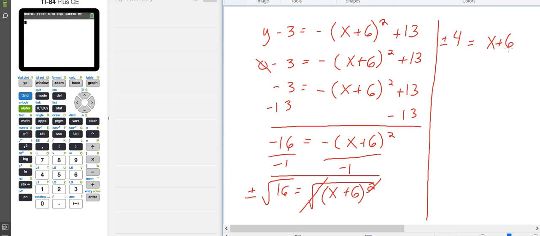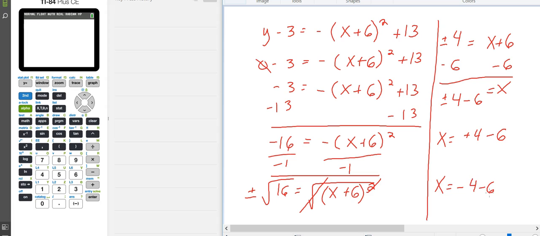We want to rearrange this equation for x, so we're going to subtract 6 and subtract 6. Now we have x is equal to positive or negative 4 minus 6. So x is either equal to positive 4 minus 6, or x is equal to negative 4 minus 6.